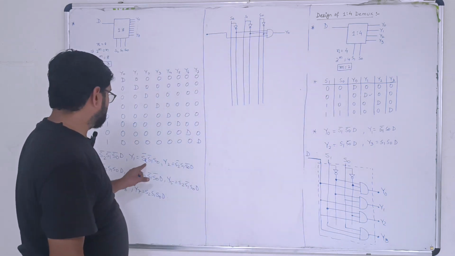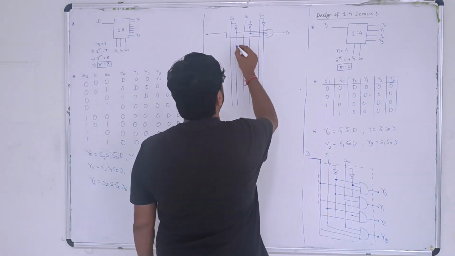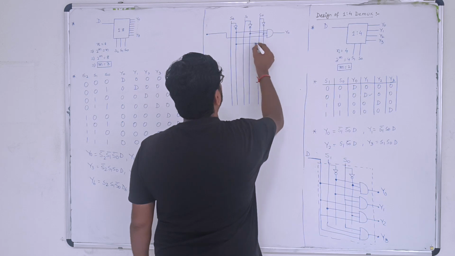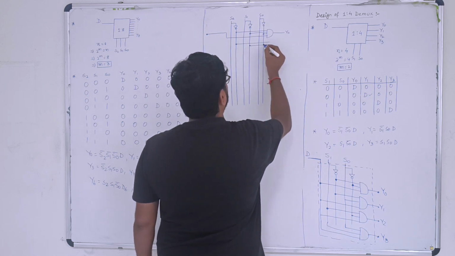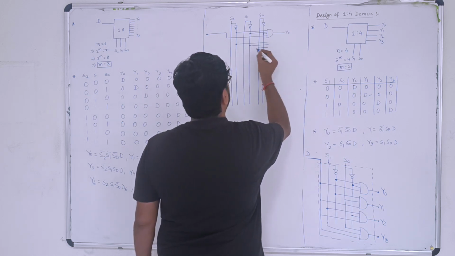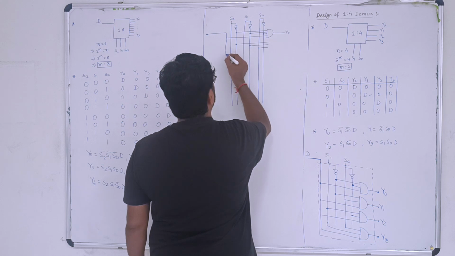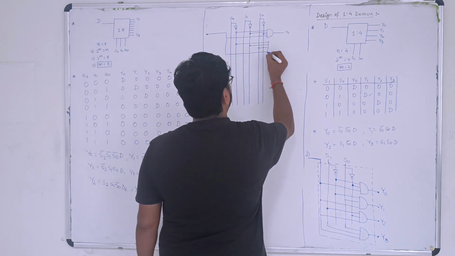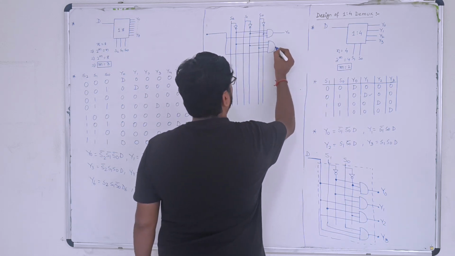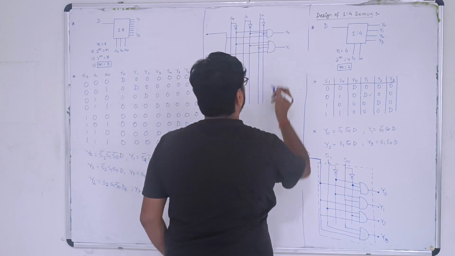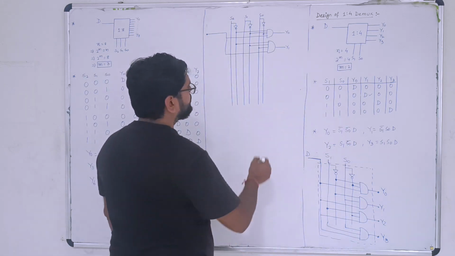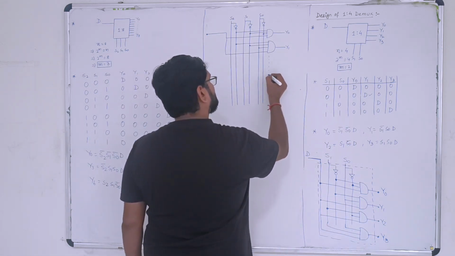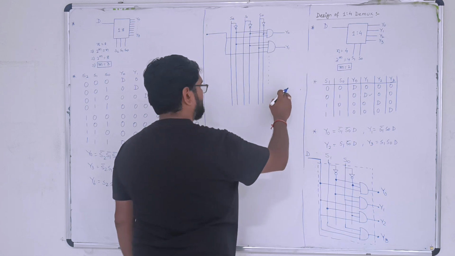Similarly, you can go for S2 bar, S1 bar, S0. Take D from here, connect it with an AND gate. This is your Y1.